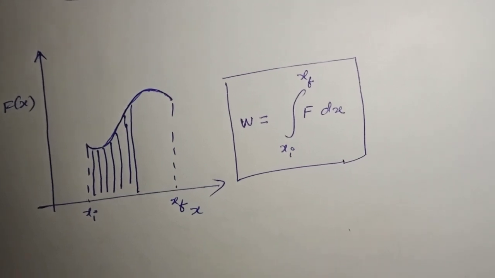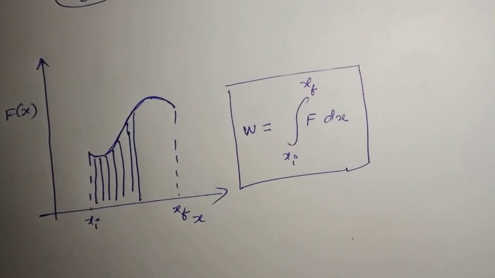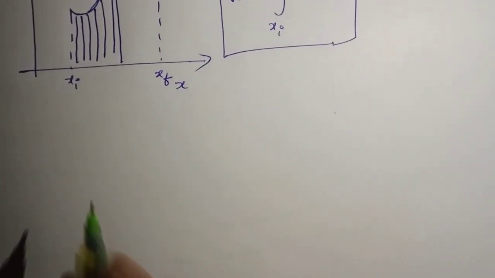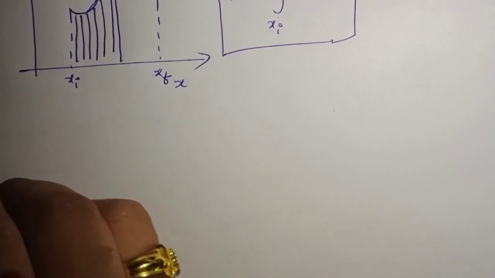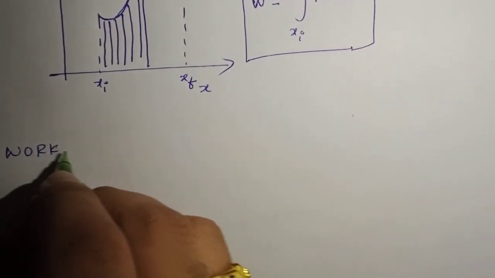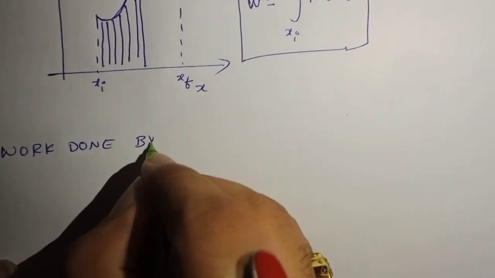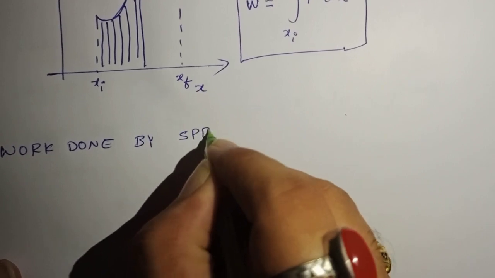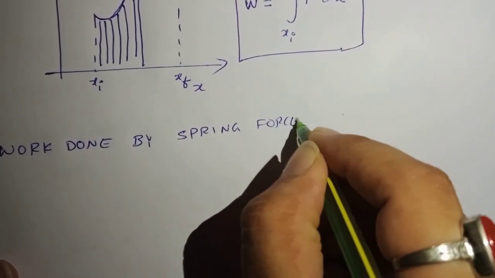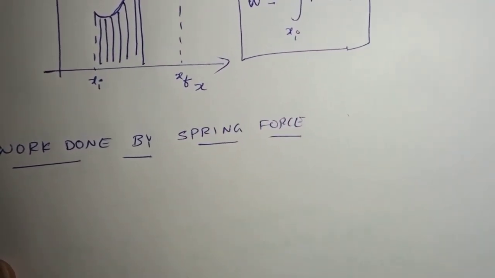Then we will calculate work done by spring force. So spring force is an example for variable force. Let us see what is the expression for work done by spring force.